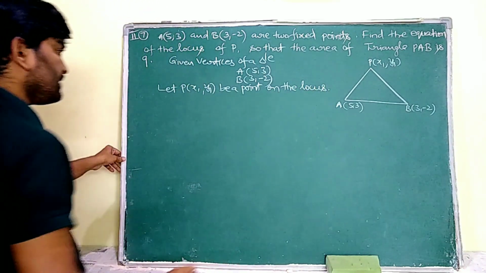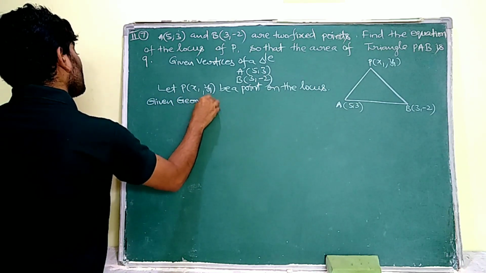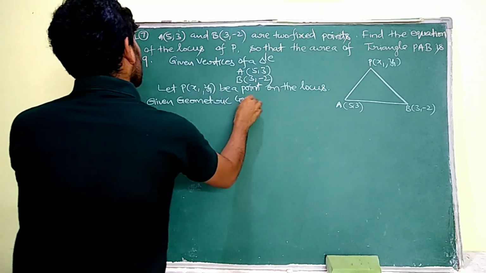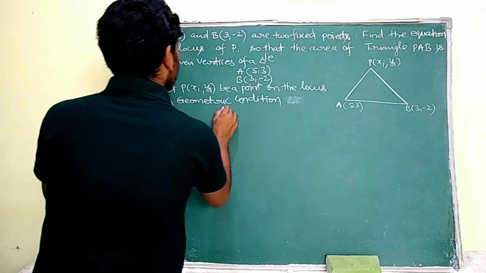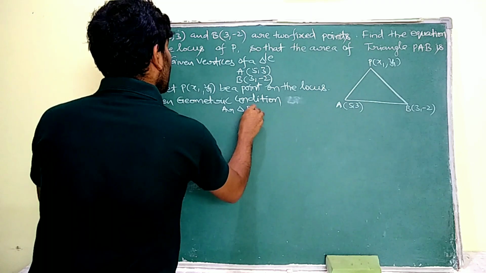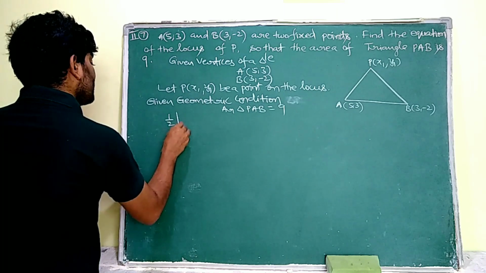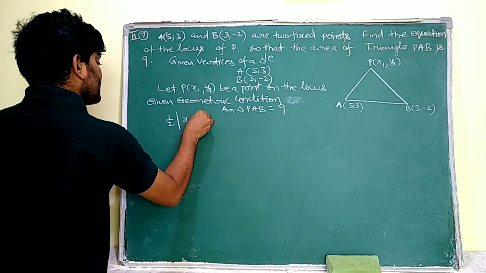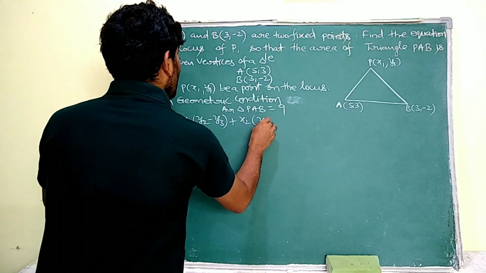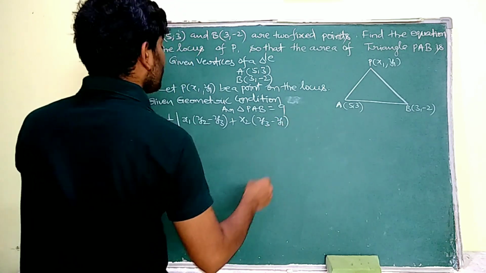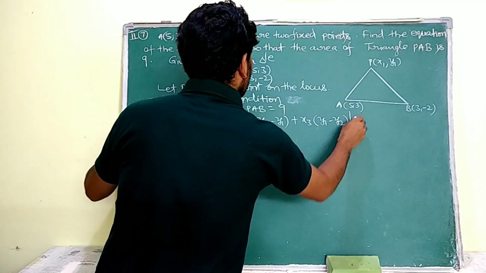See what the given geometric condition is. The given geometric condition is area of triangle PAB is equal to 9. We know the area formula: half modulus of x1 into (y2 minus y3) plus x2 into (y3 minus y1) plus x3 into (y1 minus y2) is equal to 9.